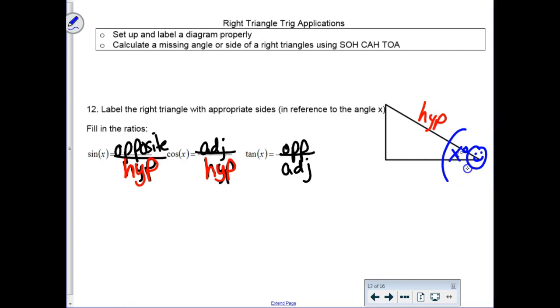And then opposite of you would be your opposite leg, so directly across from you, not anywhere near you. And then adjacent means next to you, but not the hypotenuse.